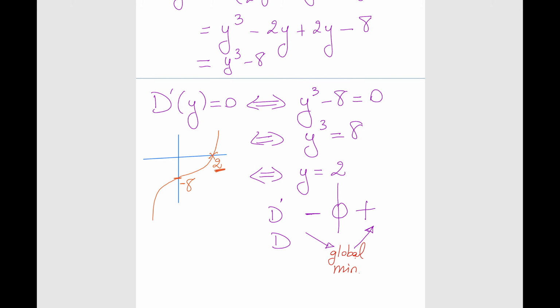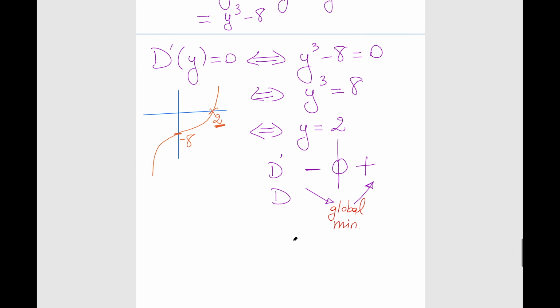Correct? So what can we say at this point? So d attains its global minimum when y is 2. So when the y-coordinate of this generic point is 2. Make sense?